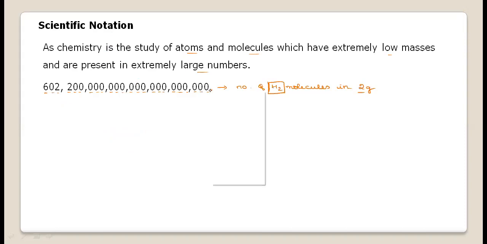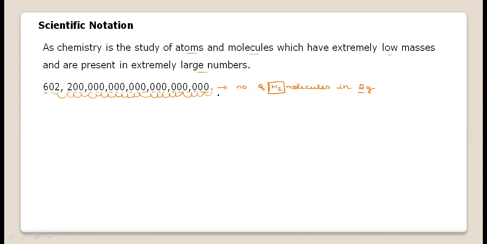Consider a decimal place is here, and you are moving this decimal place towards the left-hand side: 1, 2, 3, 4, 5, 6, 7, 8, 9, 10, 11, 12, 13, 14, 15, 16, 17, 18, 19, 20, 21, 22, like that.